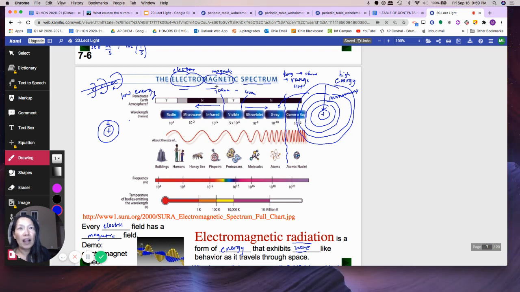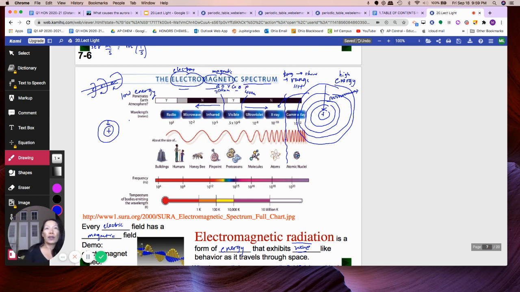And the colors are as follows: red, orange, yellow, green, blue, purple. Okay, so the red is not very energetic.